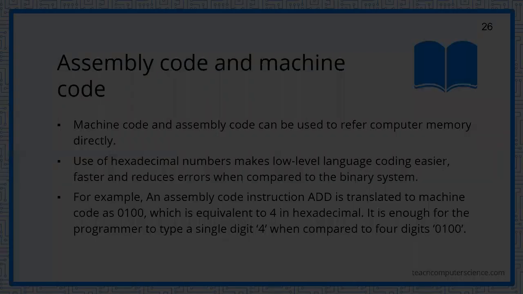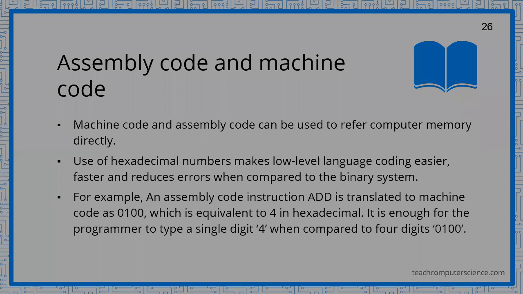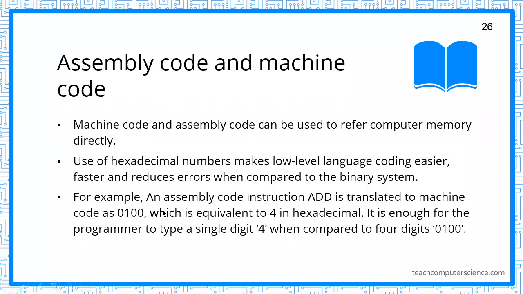Assembly code and machine code. Again, we have this full chapter later on. To give you an example of an assembly code instruction, ADD, which is add, is translated to machine code as 0100, which is equivalent to 4 in hexadecimal. Now it is enough for the programmer to type a single digit 4 compared to the 4 digits 0100.